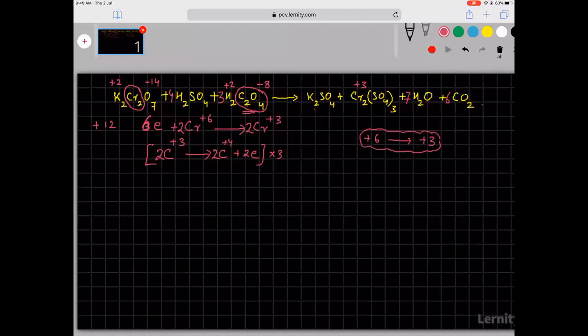Yeah. Then carbon on the left side is in the plus 3 state, it is going to carbon in the plus 4 state. So in one case it is giving electrons, in one case it is taking electrons. So I am ensuring that the total number of electrons given is equal to the electrons taken.